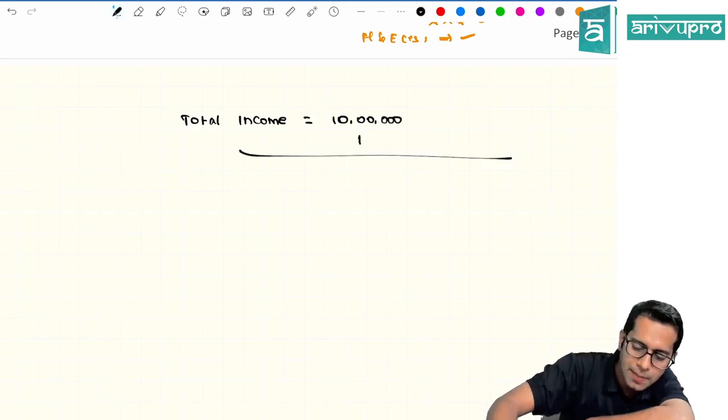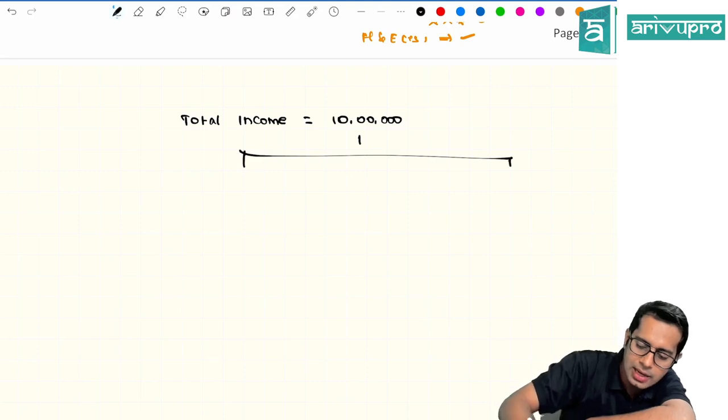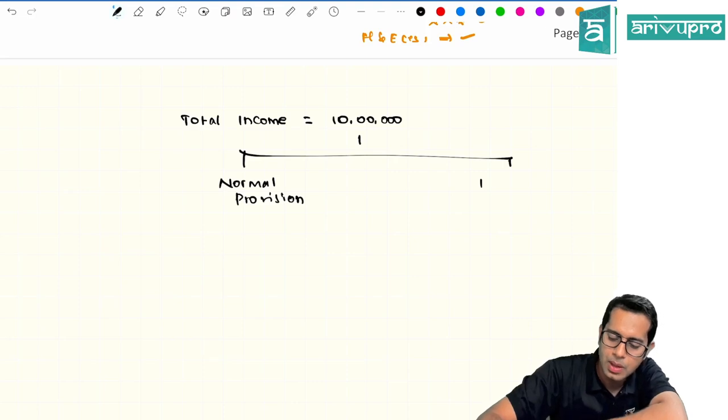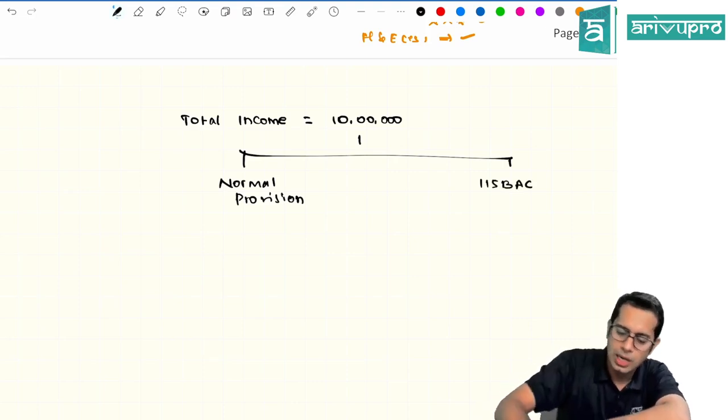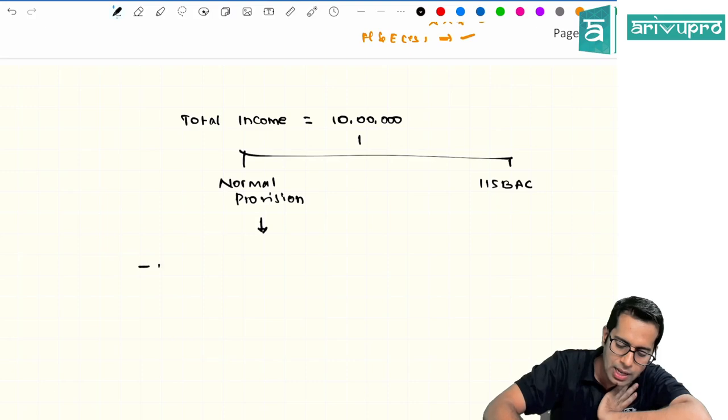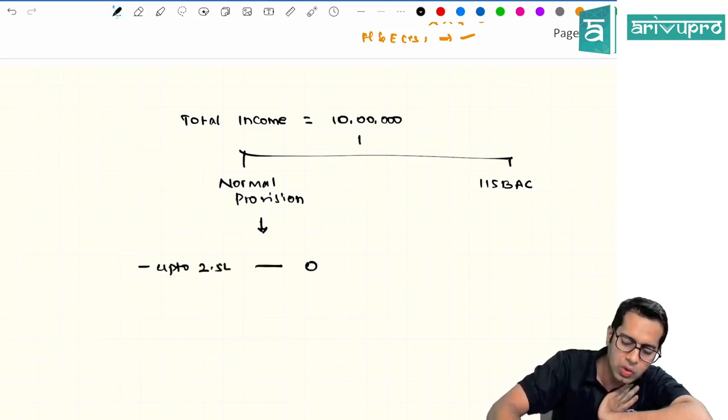Now, sir, please compute the tax under normal provision and please compute the tax under section 115 BAC. Now, under normal provision, if my income is 10 lakhs, what is the tax which I have to pay? Sir, see, sir, up to 2.5 lakhs, I don't have to pay any taxes.